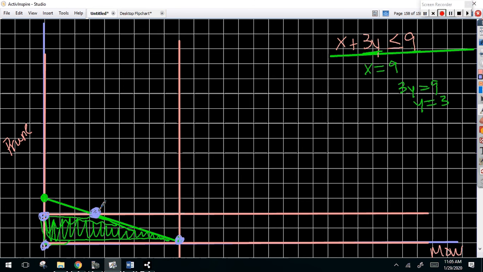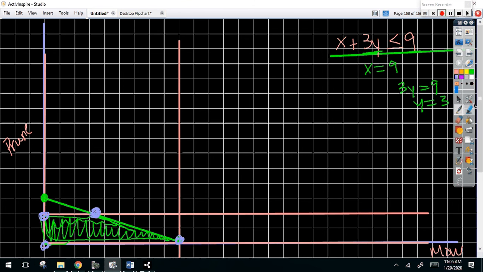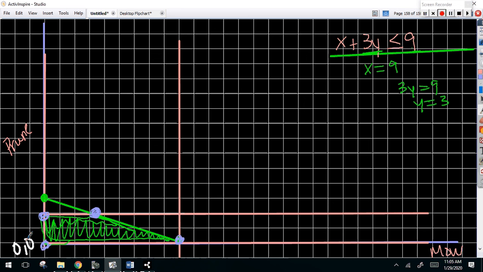All right, let's look. That's from one of the constraints I made earlier. Yep. All right, 0, 0, 0, 2, and 9, 0.